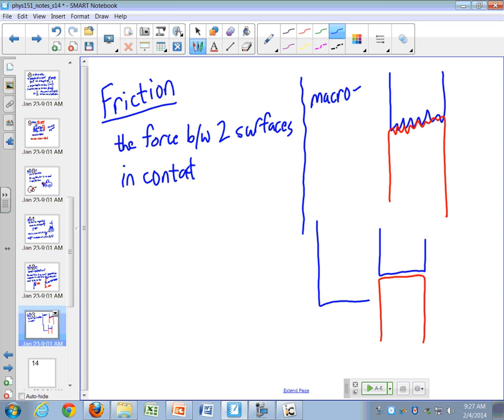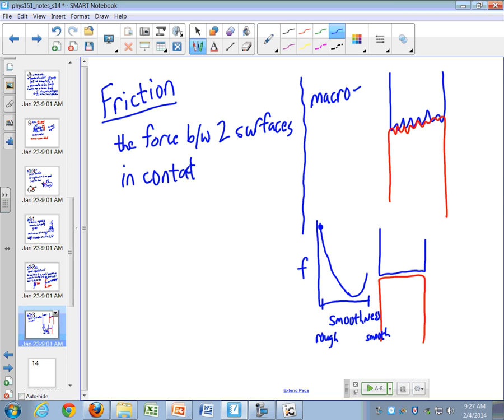Like if you plot the frictional force versus, let's call it, the amount of smoothness, this meaning this is really rough here, and this is really smooth here on this end, then you're going to have a very high friction here, and then it's going to decrease as the amount of smoothness increases, but at some point it's going to increase again. Can you imagine why, as you smooth those surfaces, the friction will eventually begin to increase again?